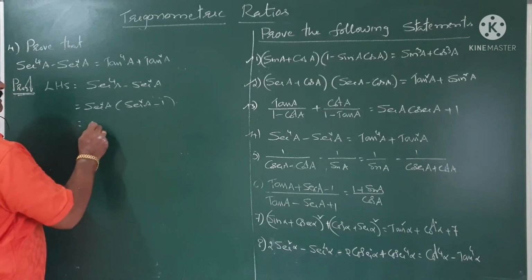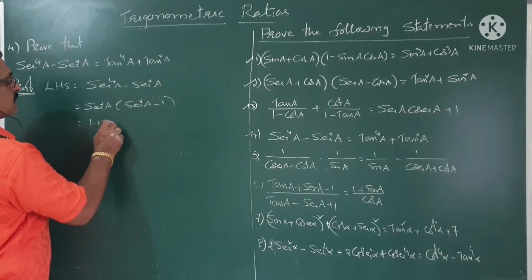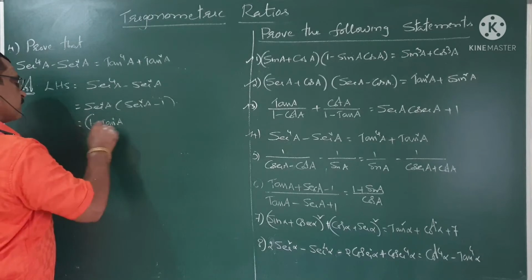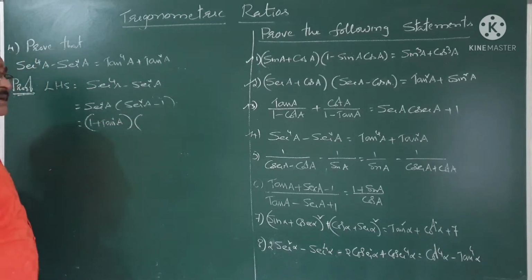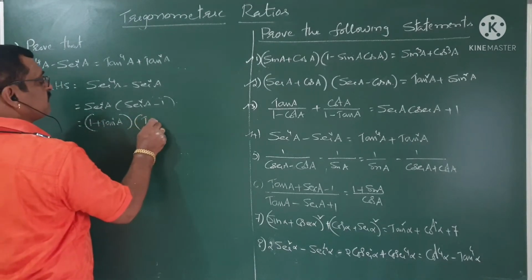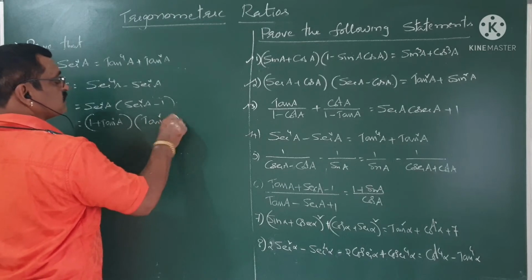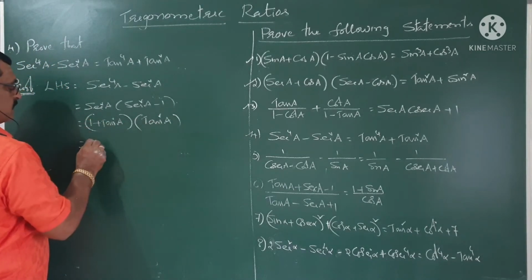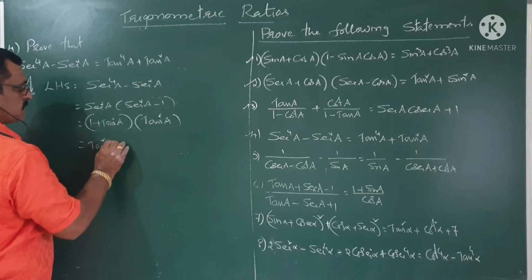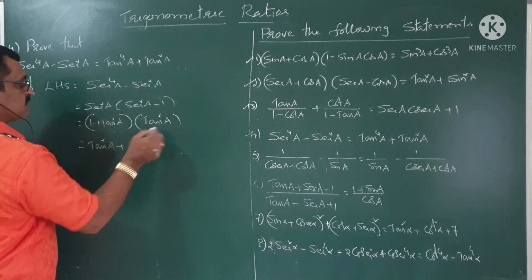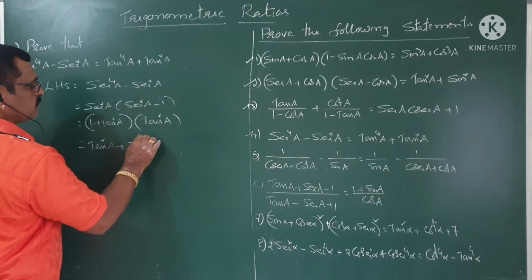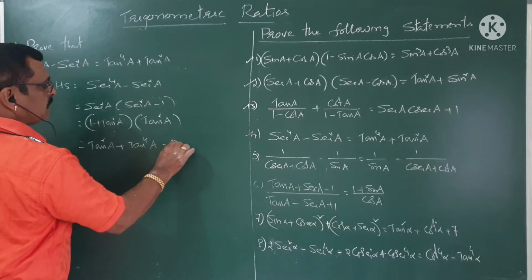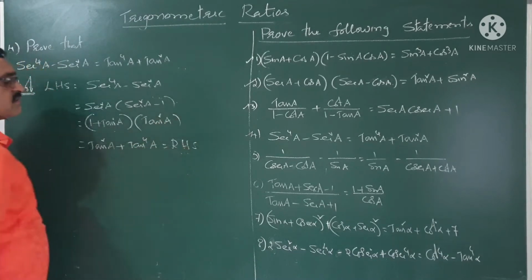Secant square a is equal to 1 plus tan square a, and secant square a minus 1 is equal to tan square a. That's all. Now open the bracket. You have tan square a into 1, tan square a, plus tan square a times tan square a, tan power 4a. Of course it is RHS. Hence proved.